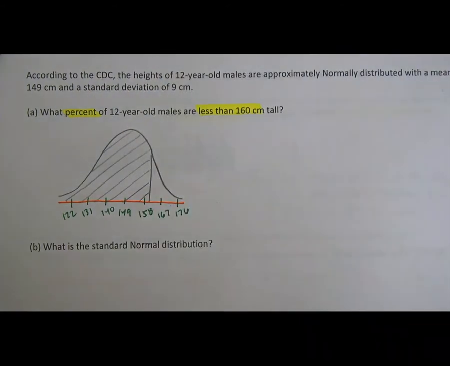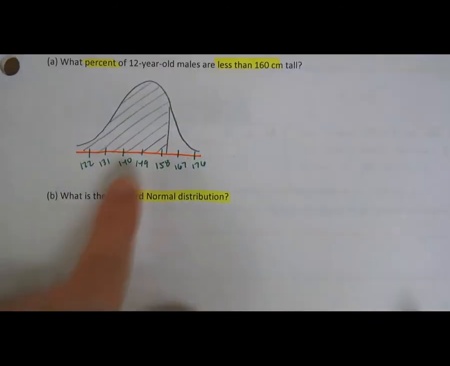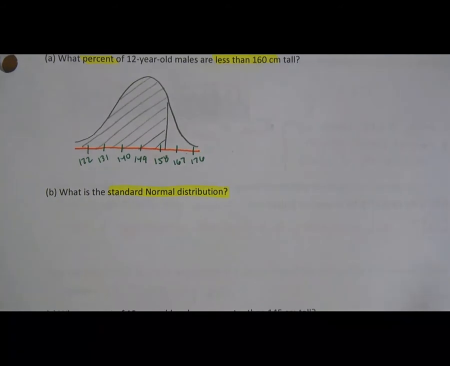Well, before technology was a thing, people would, and some AP Stat students still choose to use something called a z-table. And if you want to use the z-table, I can show you how to do that. But regardless of what your preference is, you have to know about something called the standard normal distribution. So we'll address this problem in just a second. We haven't answered it yet.